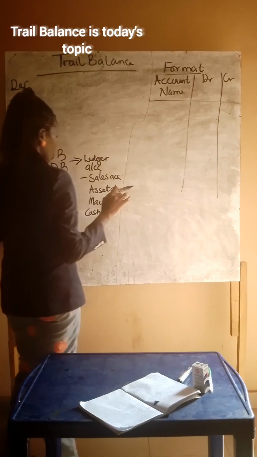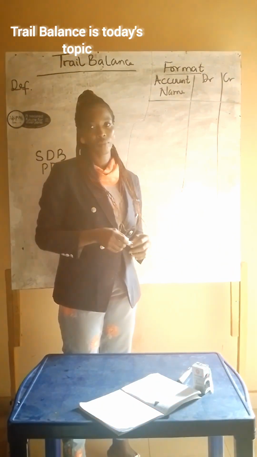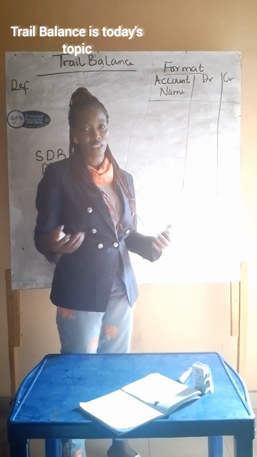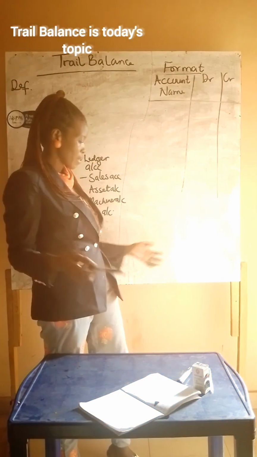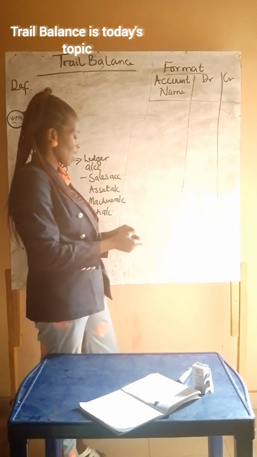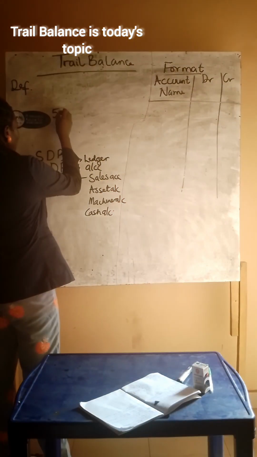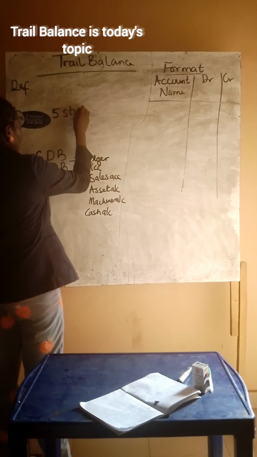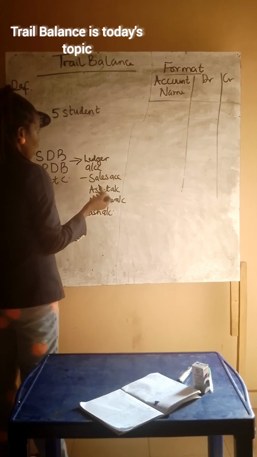Just like your attendance register in class, where the teacher will say, Peter, present. Let's assume you have 5 students in the class, and then the teacher wants to call the attendance register. Are we together?